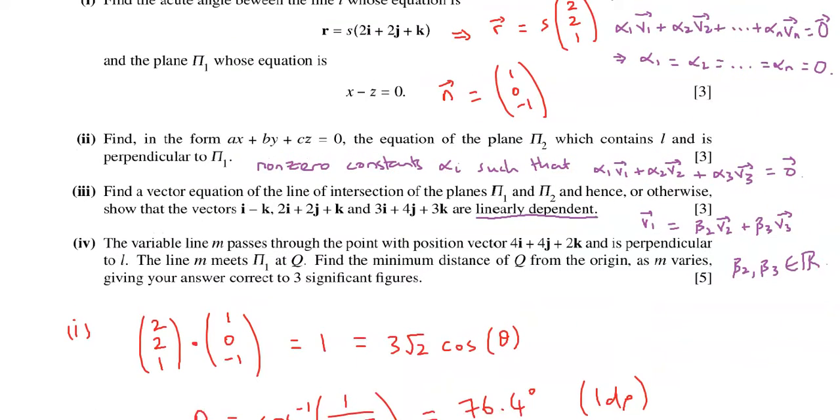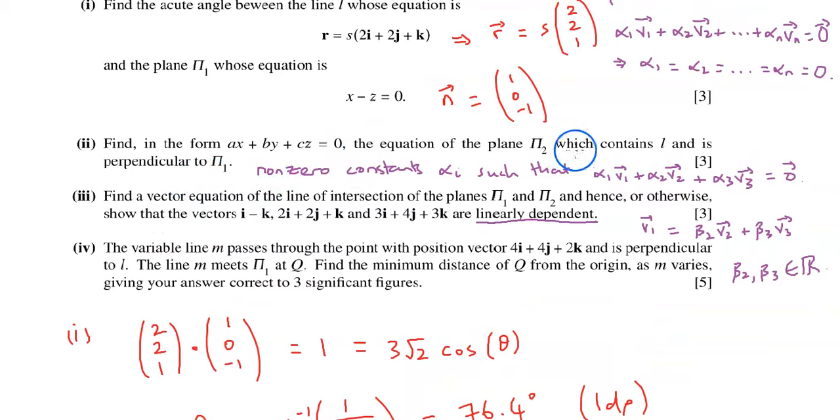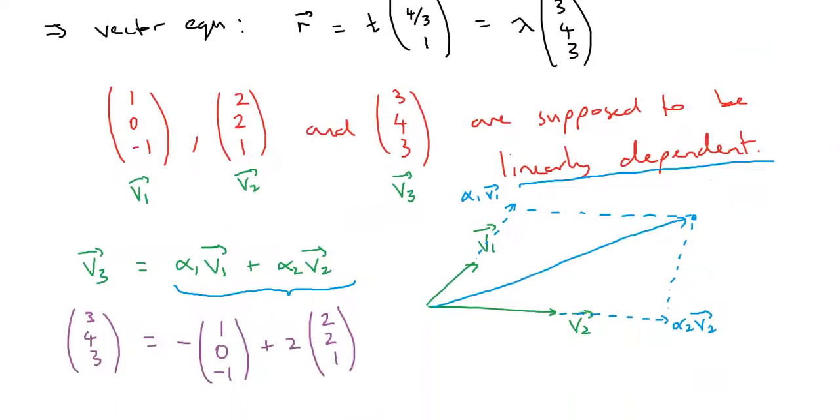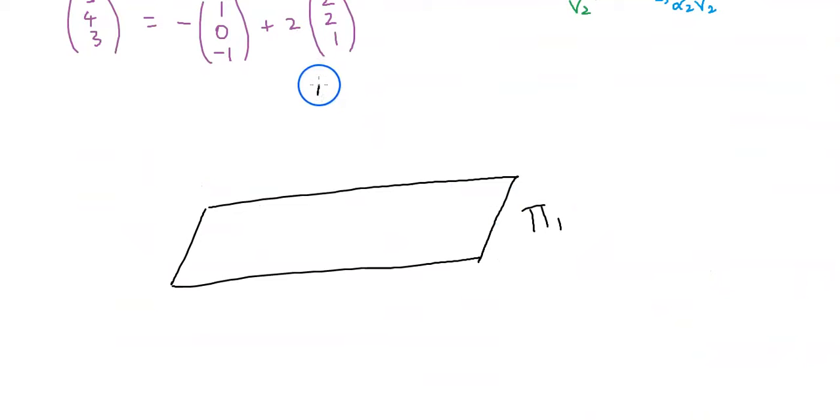And we have that pi 2 contains L and is perpendicular to pi 1. So this can be pi 2. It meets pi 1 at right angles there. So this is orthogonal.